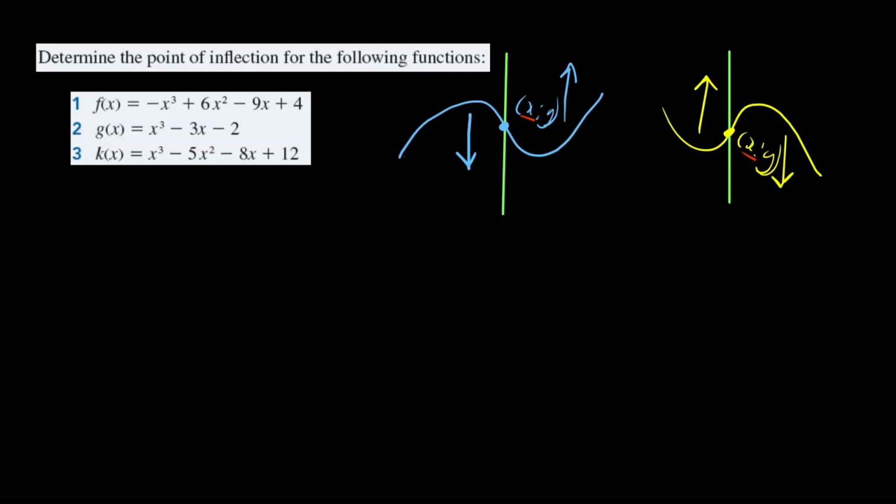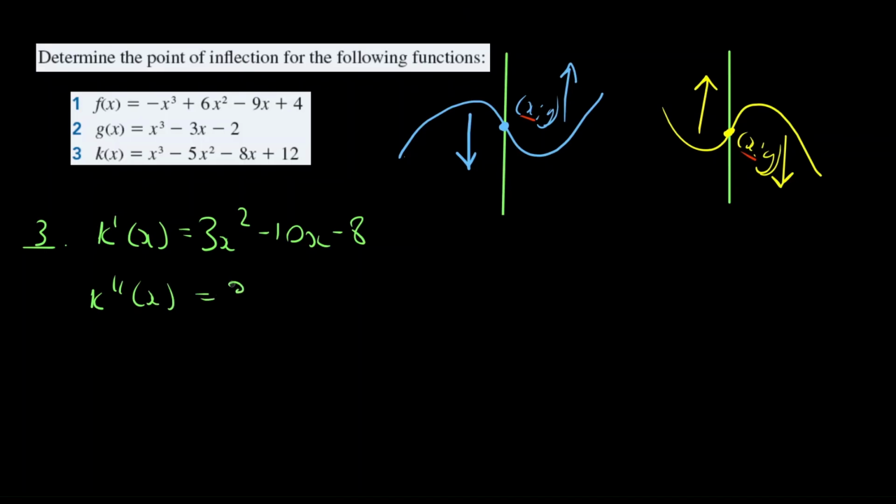Let's go to the third question. Find the first derivative, which will be x squared minus 10x minus 8, and we need to find the second derivative of that, which will be 6x minus 10.